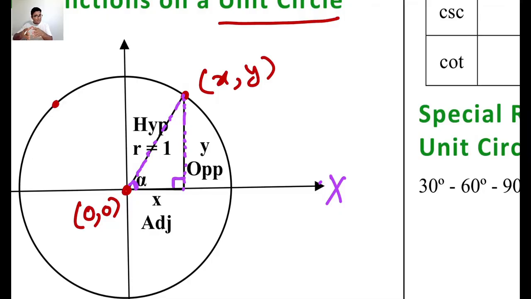With respect to that angle in this triangle, x coordinate is the adjacent side, y coordinate is the opposite side, hypotenuse is the radius, which is 1 unit.